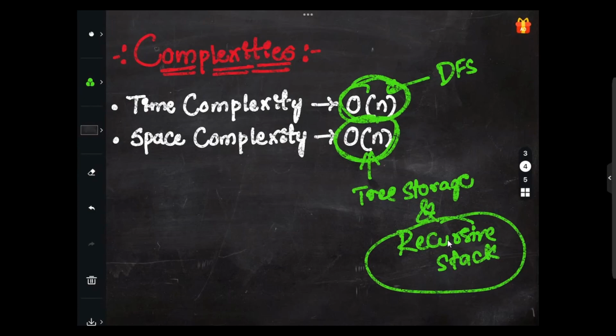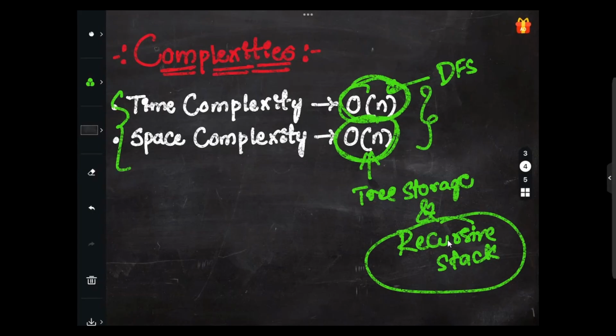We have solved several problems already, right? So overall, for the tree storage and the recursive stack, the space complexity would be big O of n as well. So the time and space complexity for the code that we'll be writing would be big O of n, right?